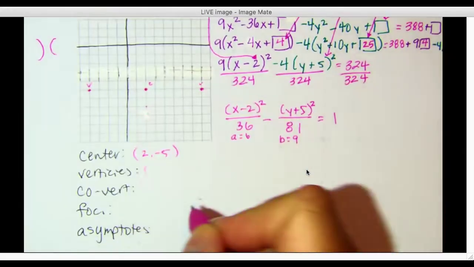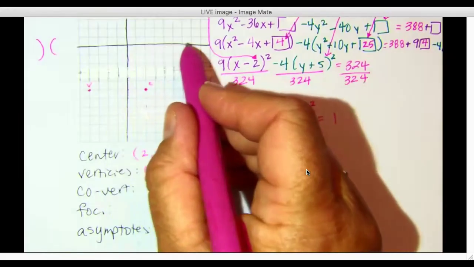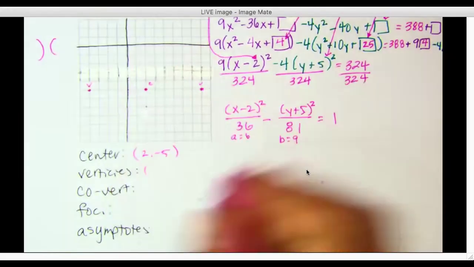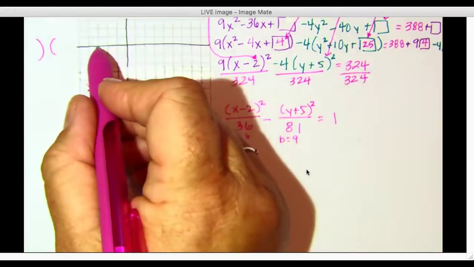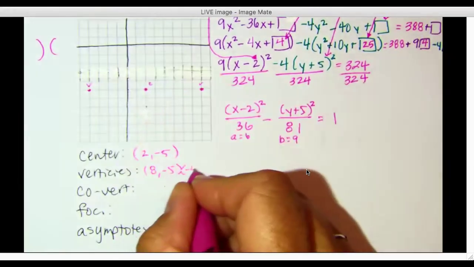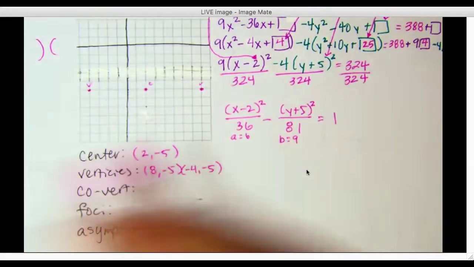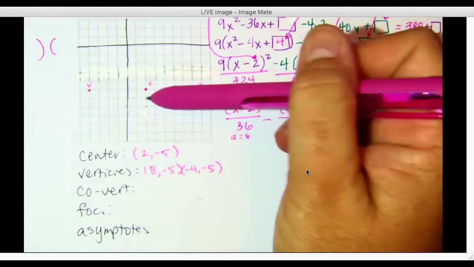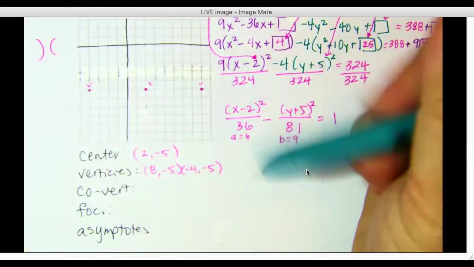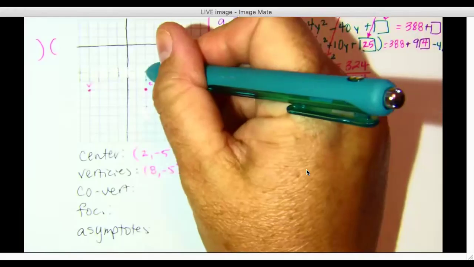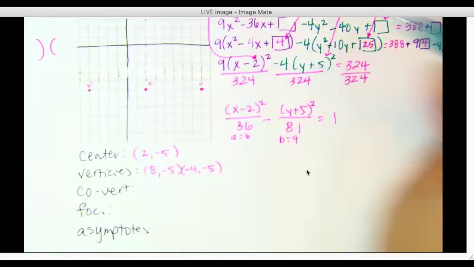And I can go ahead and write those points. So this is 8, -5, and -4, -5 for my two vertices. My co-vertices are going to be up 9 and down 9. So those are going to be off the grid here a bit. So 1, 2, 3, 4, 5, 6, 7, 8, 9.